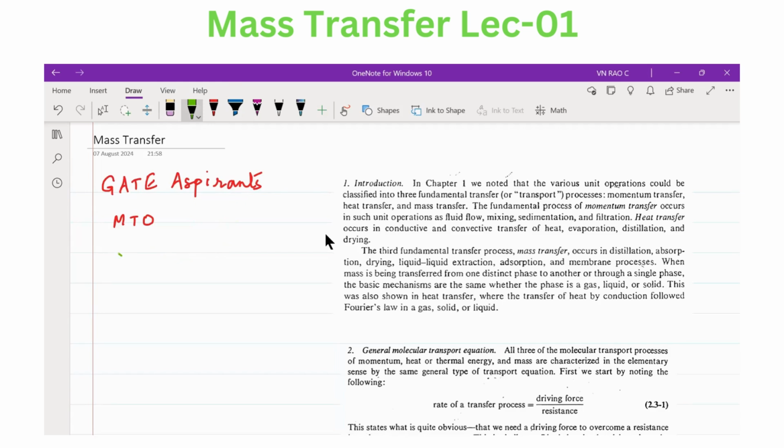Generally, various unit operations, and I should say unit operations, which are different from unit processes, could be classified into three fundamental transfer processes. As you can see the text here, just to the right side of what I am writing, this is taken from the textbook written by Geankoplis.